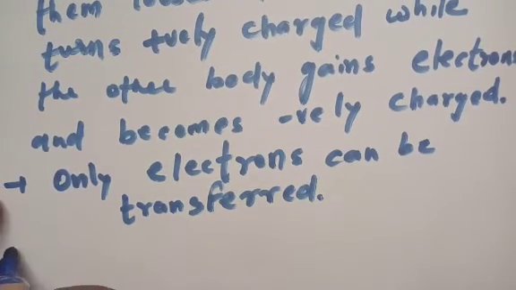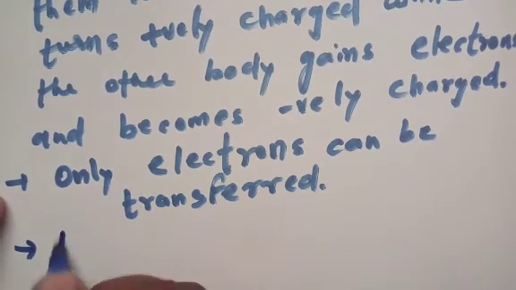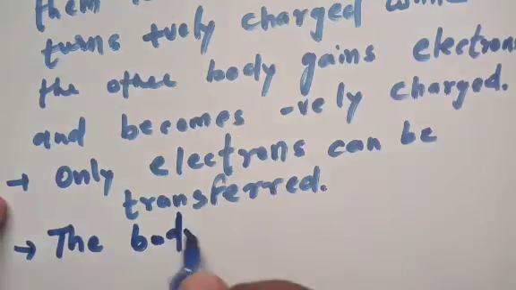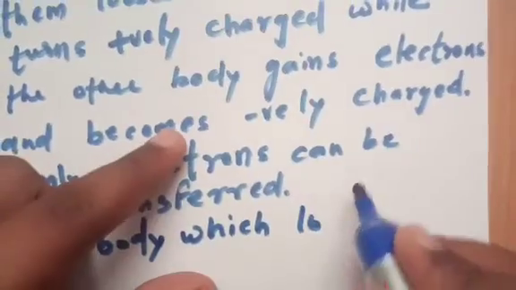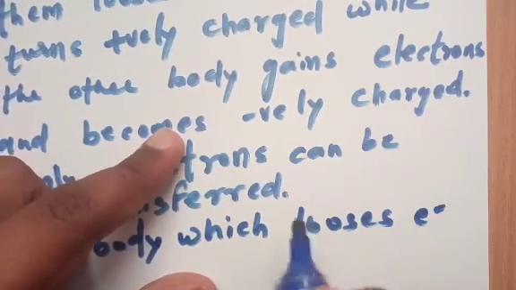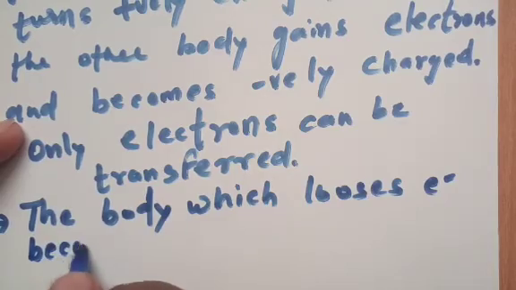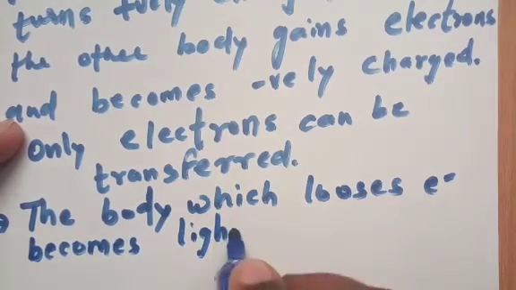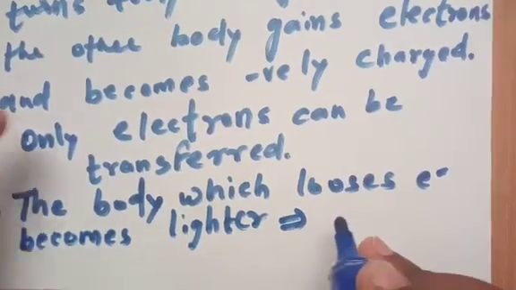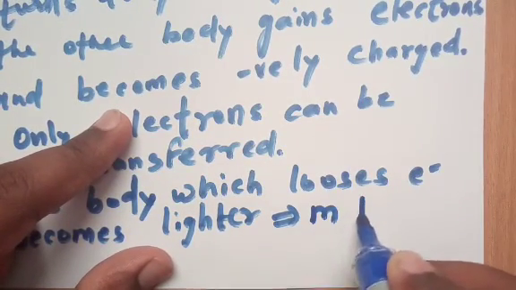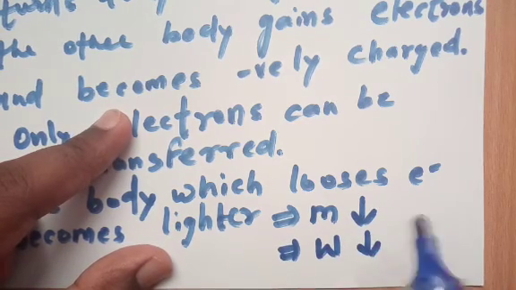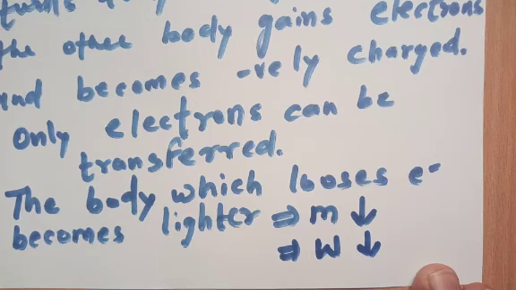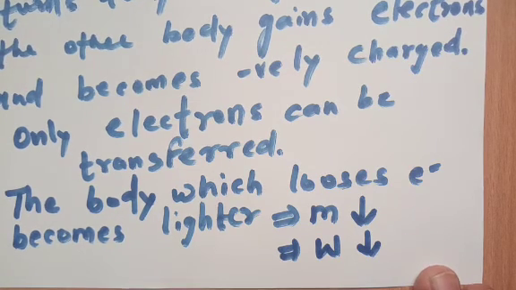So the body which loses electrons becomes lighter. It implies its mass comes down, its weight comes down.